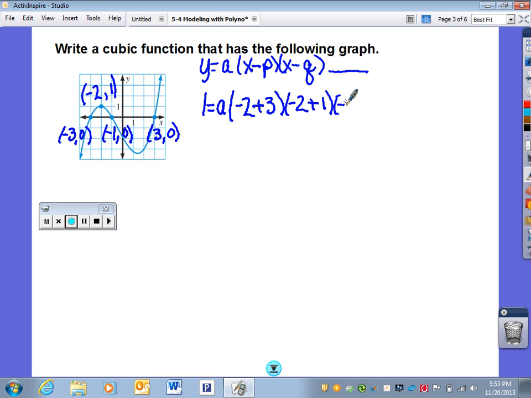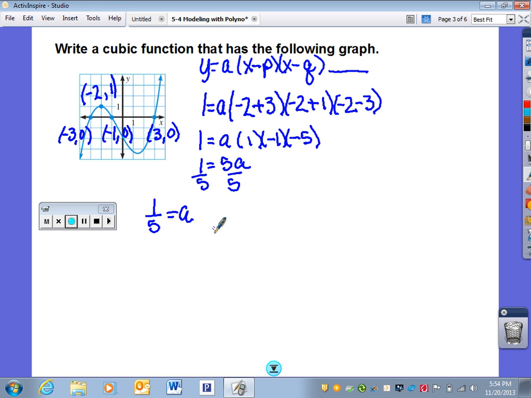And then we have -2 minus 3 as our other intercept. So we have 1 is equal to a, then we have a +1, a -1, and a -5. When I multiply those together, I have 1 is equal to 5a, and I divide by 5 to find my leading coefficient, which is 1/5.